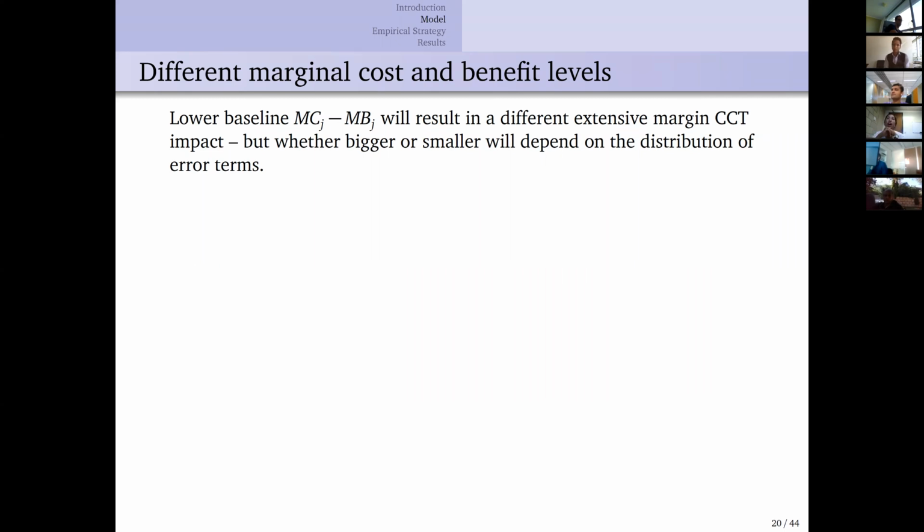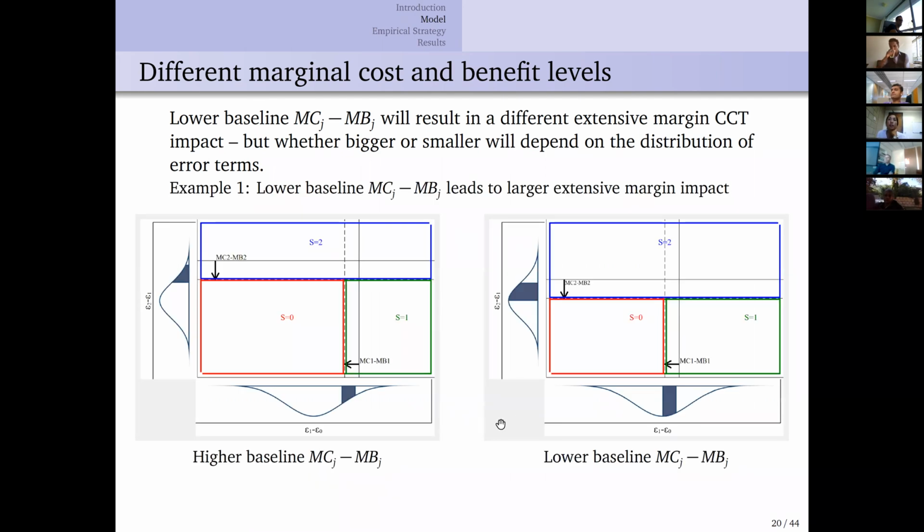So these are levels. That's going to change the extensive margin CCT impact, but whether it's bigger or smaller is going to depend on the distribution of the error terms. In this first example, I'm showing you two figures, one with high starting cutoffs, and a second figure with lower starting cutoffs.